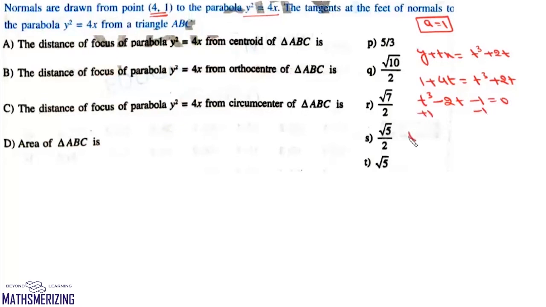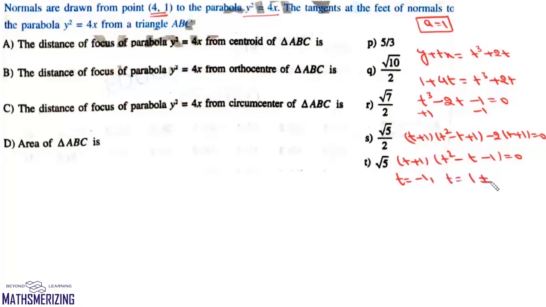So we can write this as t cube plus 1, which is (t plus 1)(t square minus t plus 1), and then minus 2t minus 2, which is minus 2 times (t plus 1). So we can write this as (t plus 1)(t square minus t minus 1) equals 0. So the value of t is minus 1, or the value of t is (1 plus minus under root 5) upon 2.